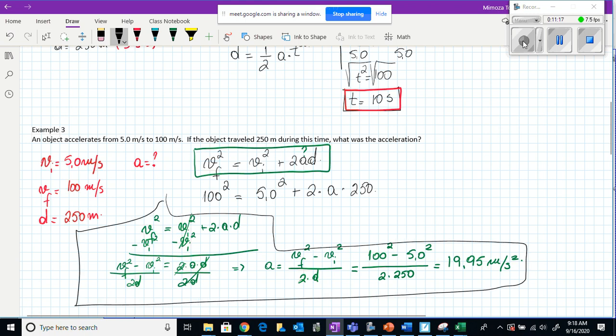In this case, 100 squared will be equal to 10,000. So 10,000 is equal to 25 plus 500 times a. So take away 25 from both sides, and then you will have 9975 is equal to 500 times a. Divide both sides by 500.